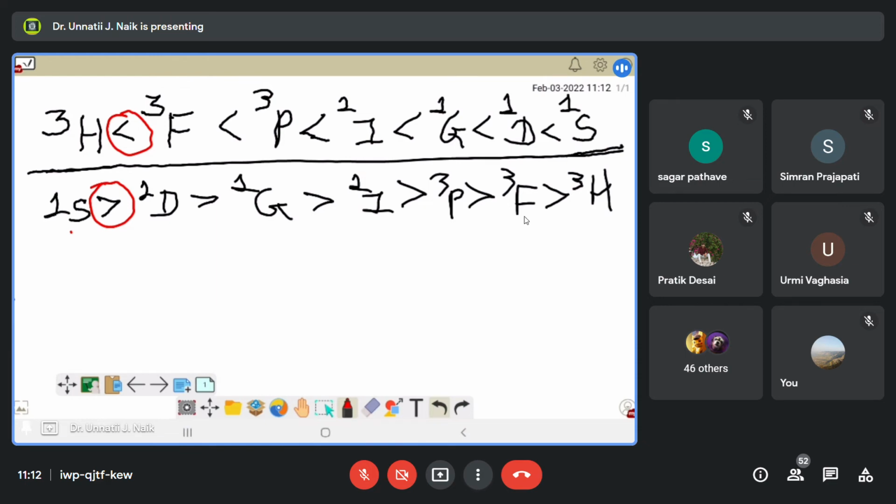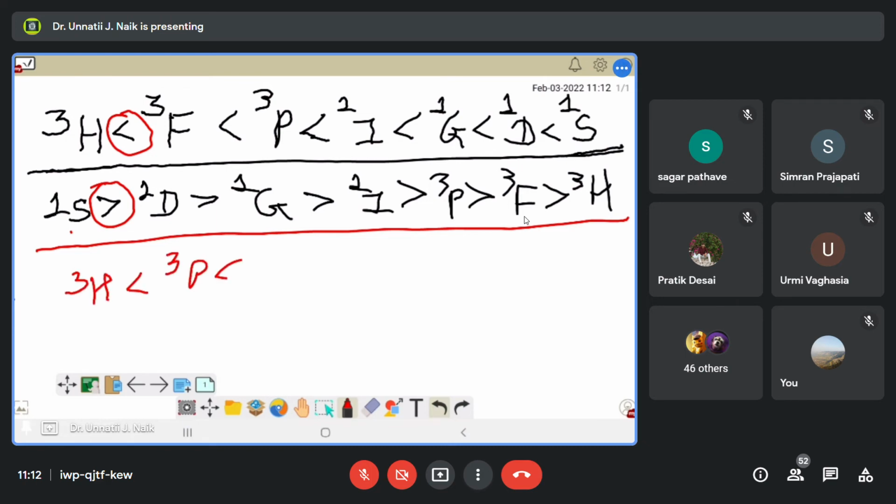In another way, they will give you different options, but this order will be jumbled. For example, I am giving you 3H less than 3P less than 1I less than 3F less than 1G less than 1S less than 1D.